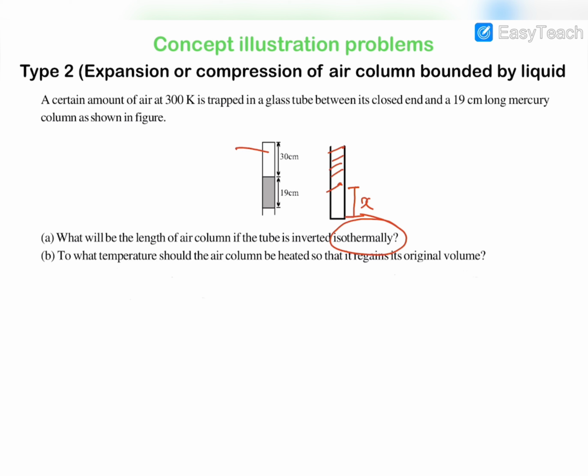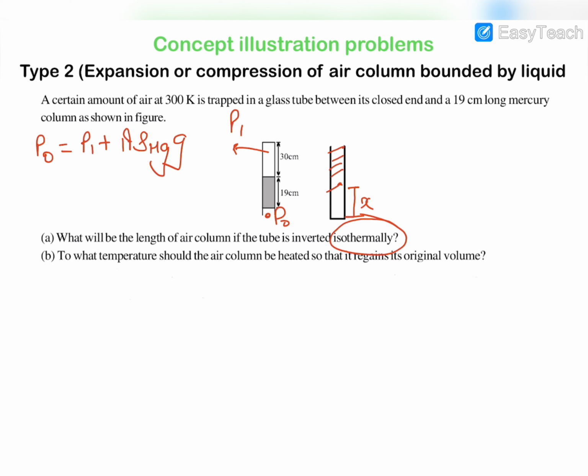Let us suppose that initially the pressure of air was P1. At this point the pressure is P0, so P0 will be equal to P1 plus H rho g, which is 19 rho of Hg into g. The pressure at this point will be the sum of the pressure of air and the pressure of mercury.